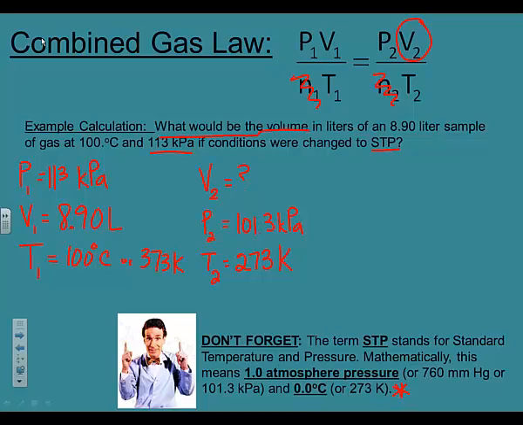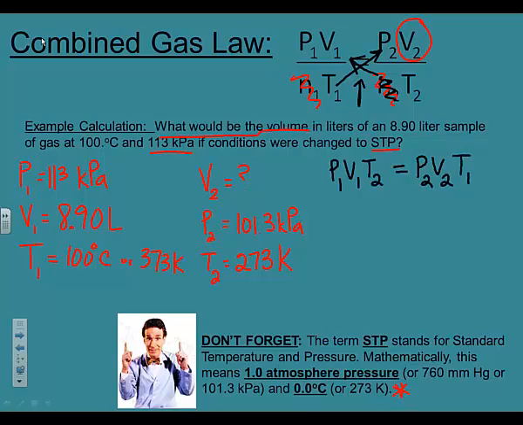So now what we need to do is set up this formula to solve for V2. Anytime you have two equations set equal to each other, you can cross multiply. If I cross multiply this, remember the n's are gone. I would be left with P1 V1 times T2 equals, cross multiply this way, P2 V2 and T1.